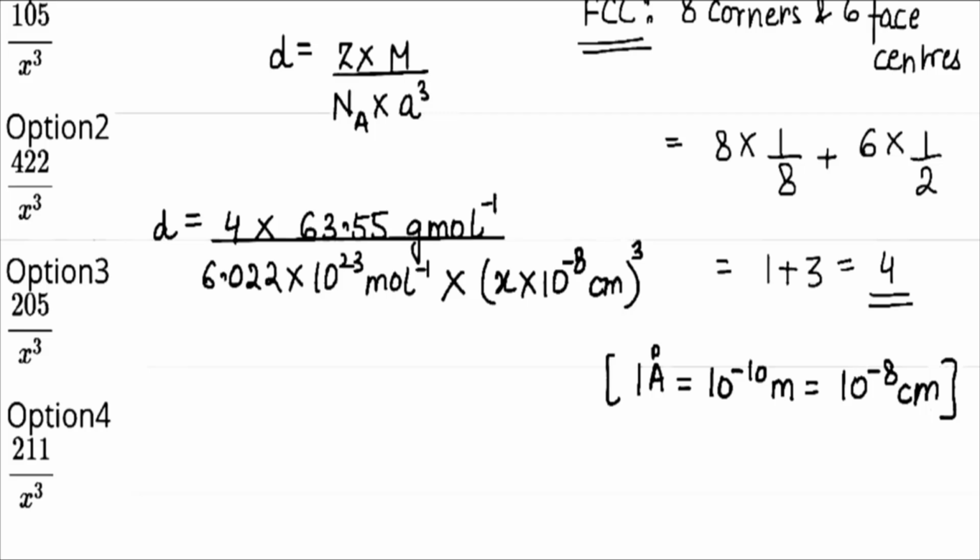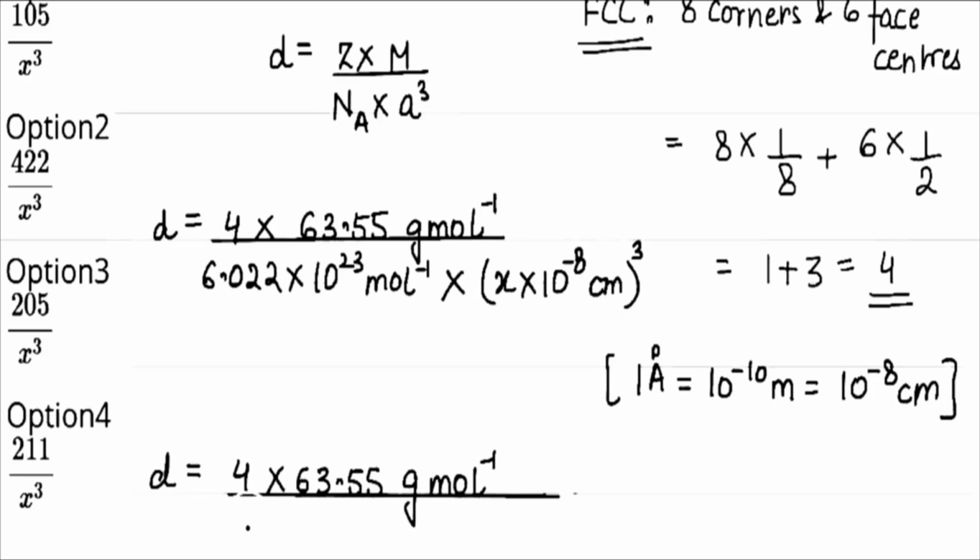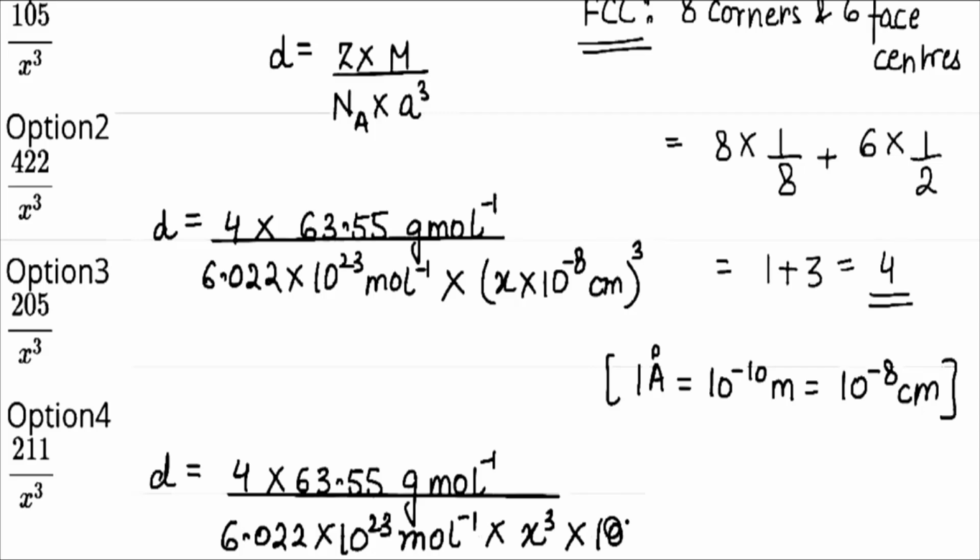So now from here, if we solve, we'll get density is equal to 4 into 63.55 gram per mole divided by 6.022 into 10 raised to the power 23 mole inverse into x cube into 10 raised to the power minus 24 centimeter cube.